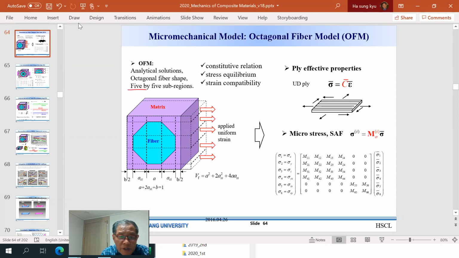5 by 5 subregion means that, okay, 1, 2, 3, 4, 5 regions, and also 1, 2, 3, 4, 5 regions. So totally 25 subregions, where we can have only fiber. Sometimes we only have a resin area.